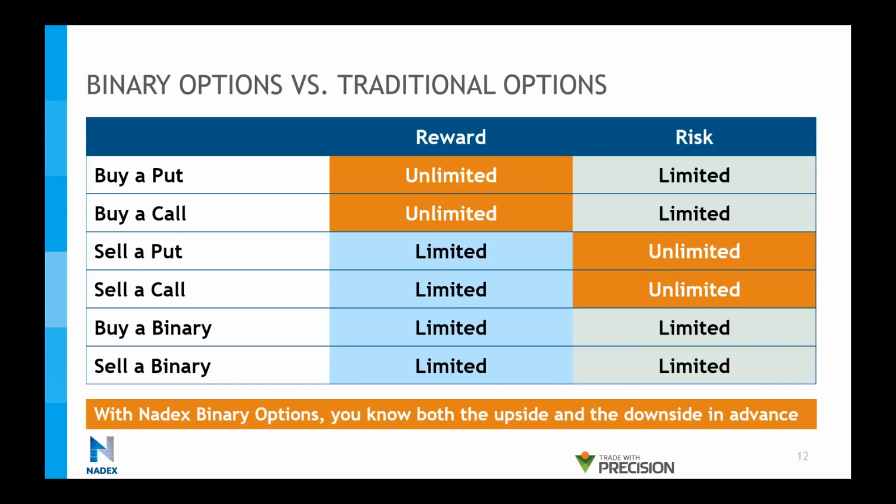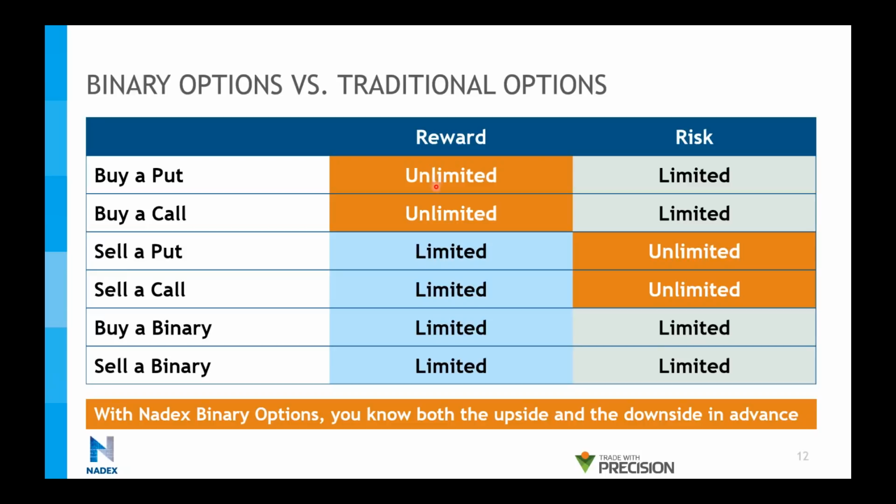Now, if you have a background with normal plain vanilla options, let's compare those two to make sure that we understand what binaries actually are and why they give us a certain advantage when it comes to proper risk management. If we buy a conventional put, our reward is technically speaking unlimited.